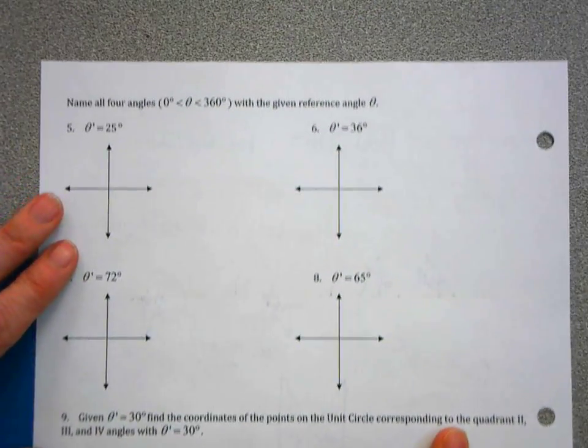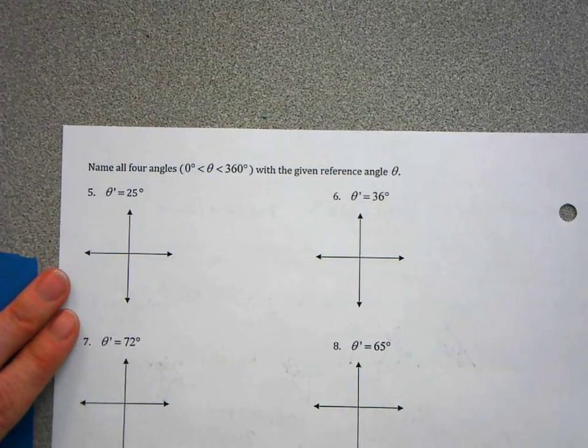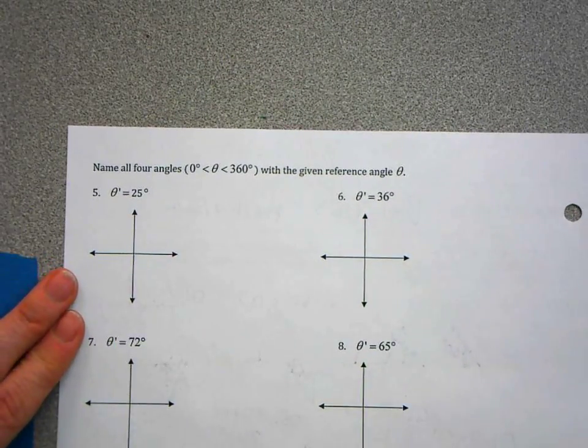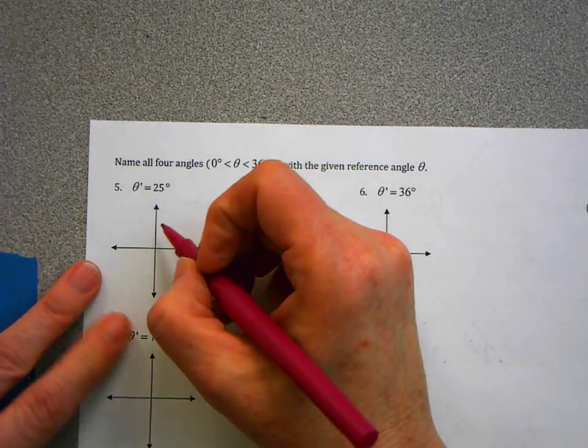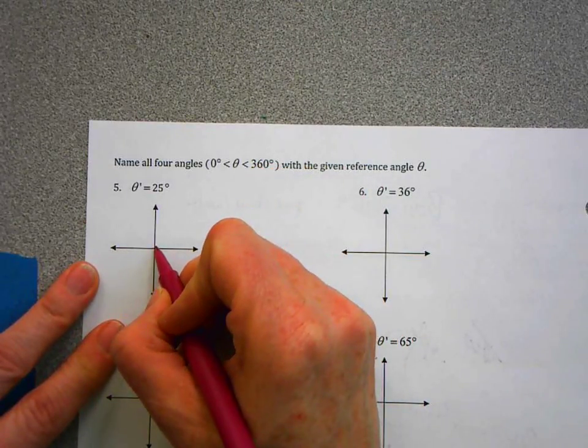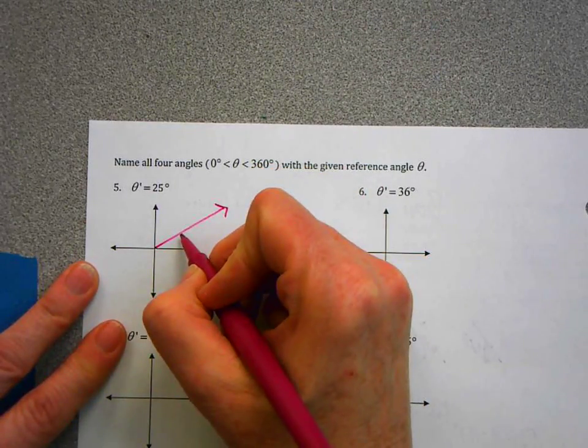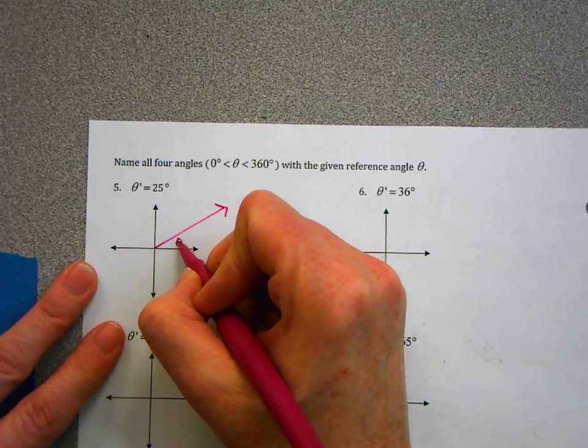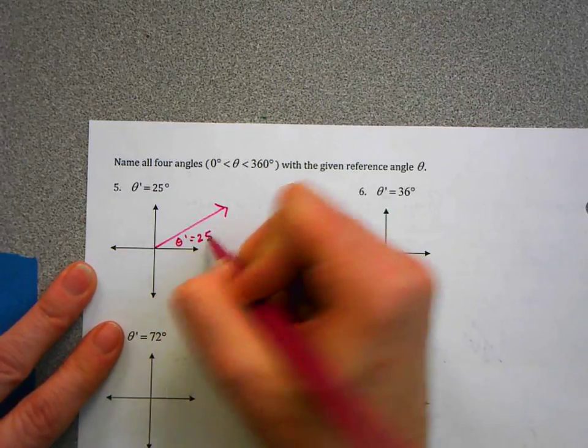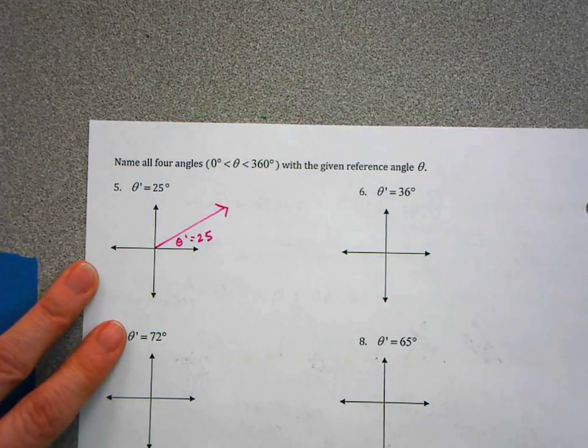All right, flip the page. What I want you to do, we'll do one together and you guys do the rest before you come into class. We know theta prime is 25 degrees, so draw it in quadrant 1. Theta prime equals 25 degrees. But what I want to know is what are all the reference angle measures.